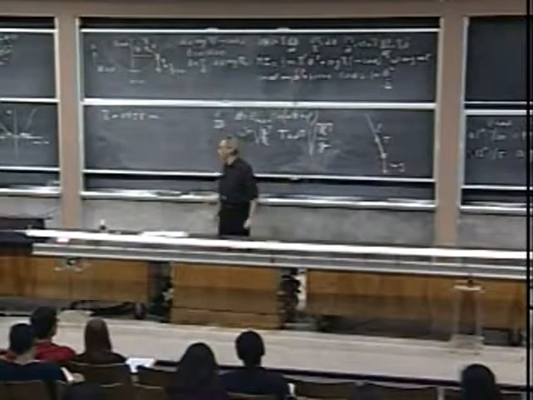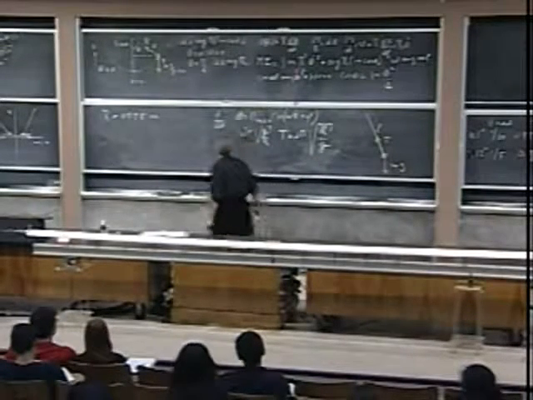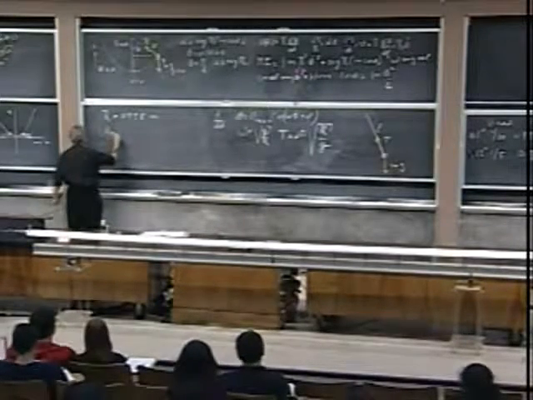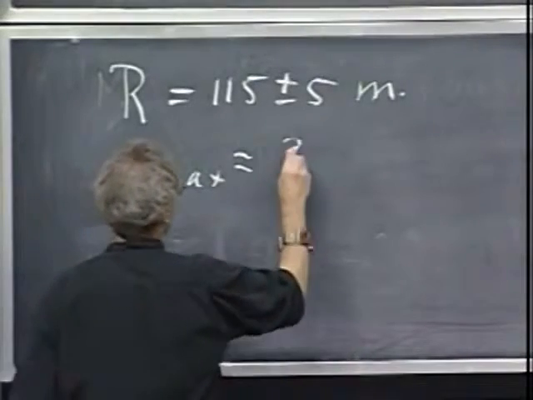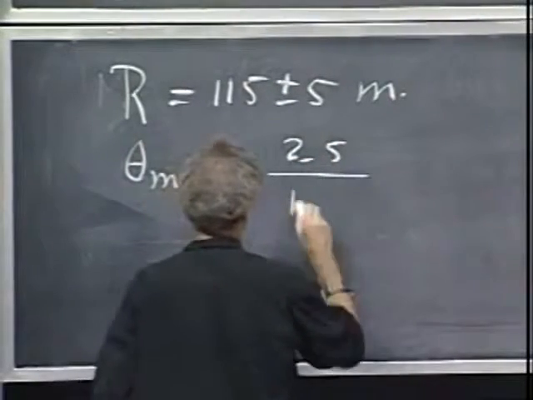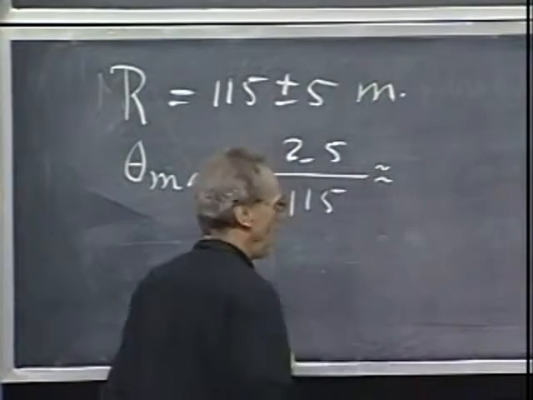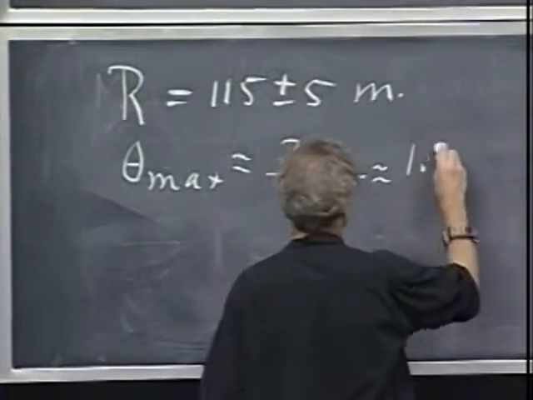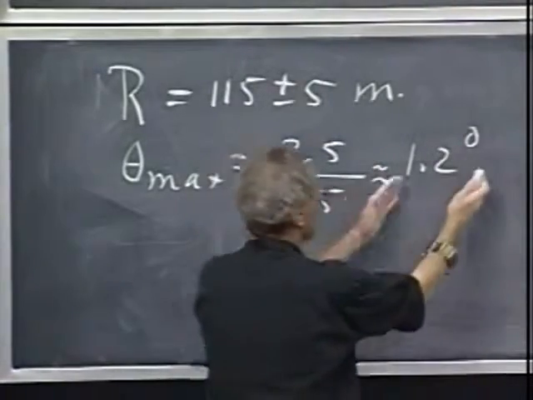So half the track is about 2.5 meters. So the angle theta maximum is approximately 2.5 meters, which is half the length of the track, divided by 115, and that is an extremely small angle. That is about 1.2 degrees. Of course, this is in radians, and this is in degrees.